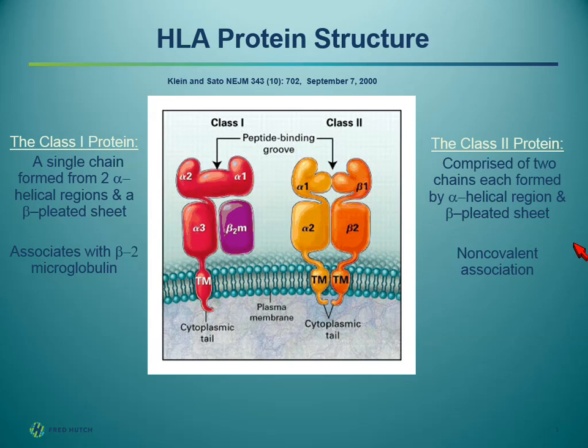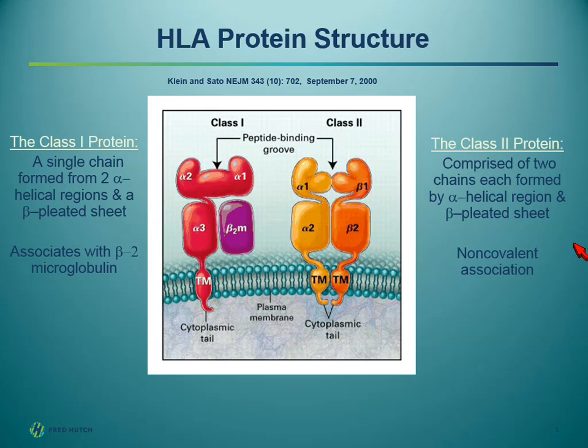So, what are we looking at when we type for HLA? The class 1 proteins, the A and B and C, are created from a single chain with 2 alpha helices that create your binding groove. That binding groove that sits at the top there, that's where the money is. That's where the immune system can then present antigen and cause the cascade and reactions that we see.